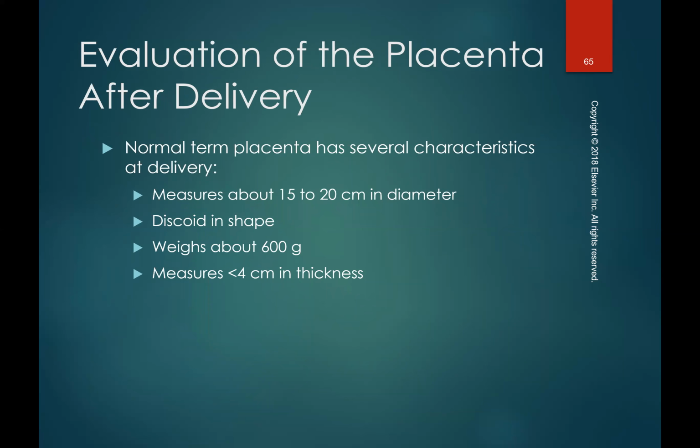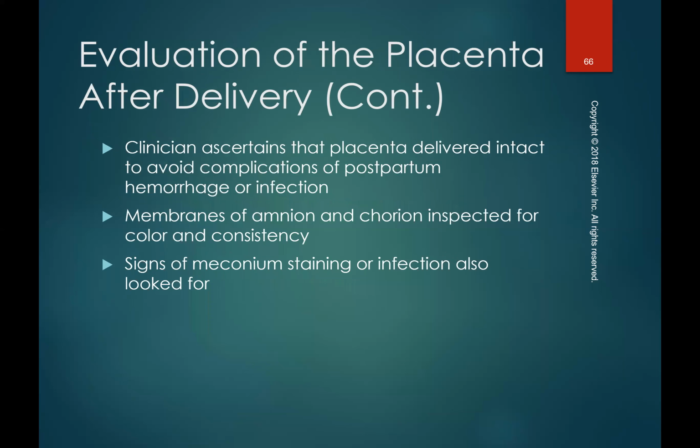So at term, the placenta has several characteristics at delivery. It measures about 15 to 20 centimeters in diameter, so it's very large. It's discoid in shape, weighs about 600 grams, and measures 4 centimeters in thickness. The clinician ascertains that the placenta is delivered intact to avoid complications of postpartum hemorrhage or infection.